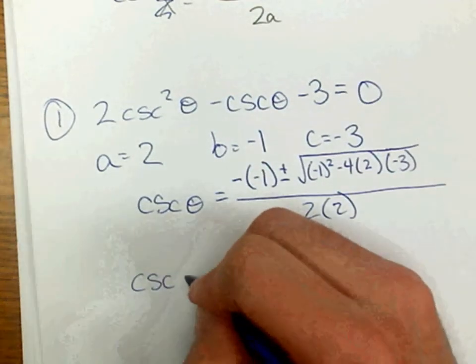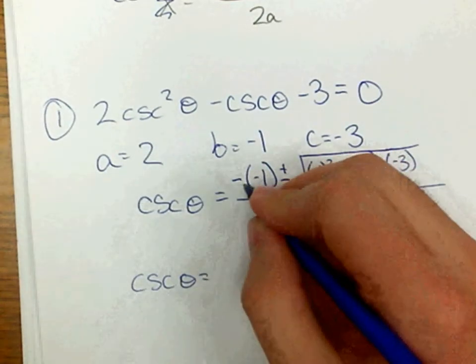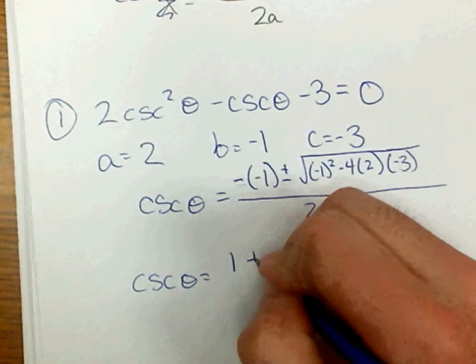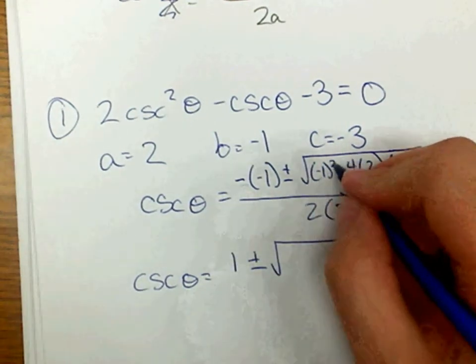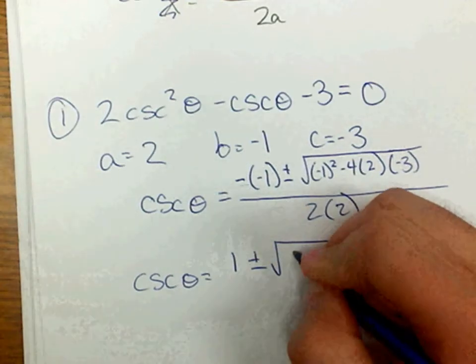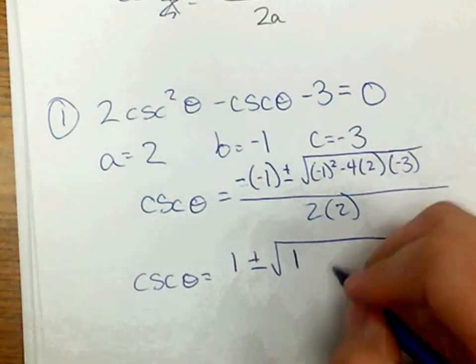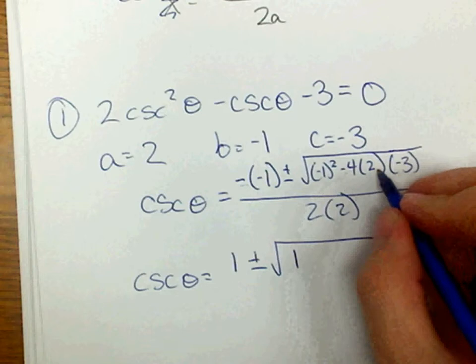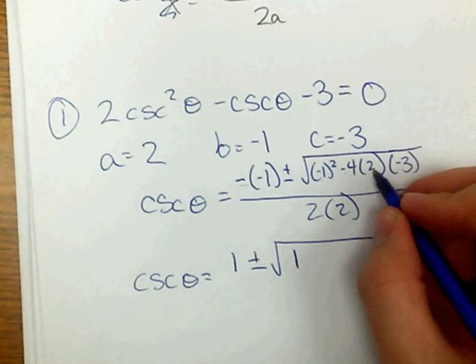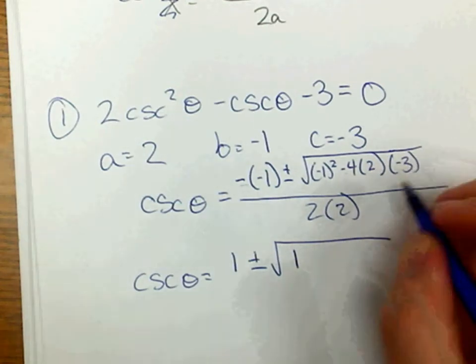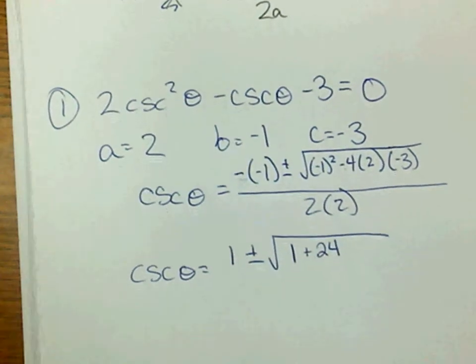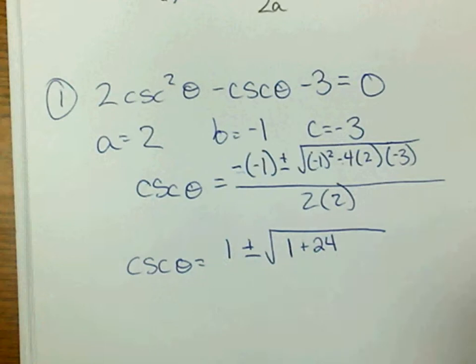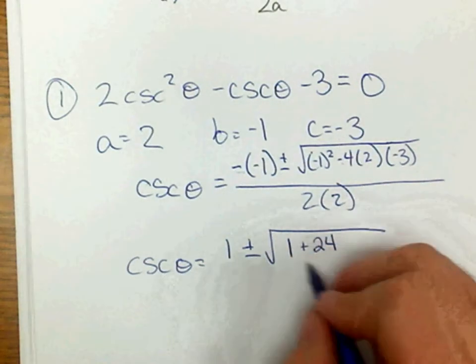So cosecant theta equals negative, that's a positive 1, plus or minus, simplify this a little bit, 1 squared, negative 1 squared, will just be a positive 1. Negative 4 times 2 is negative 8, times negative 3 is positive 24. Now this particular problem will actually result in this being a perfect square.